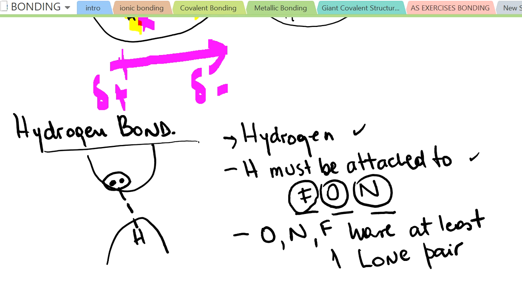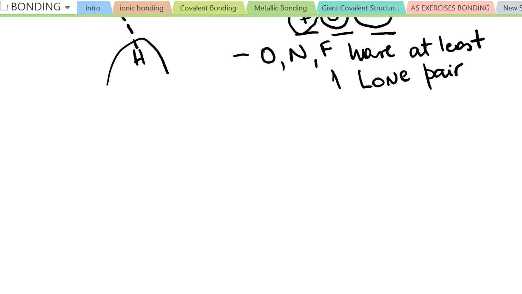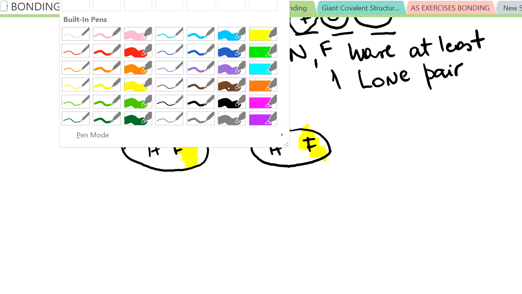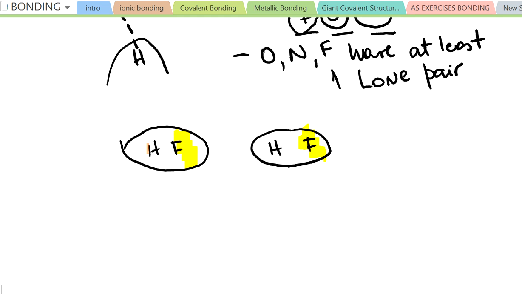Now, how do we represent that? Or how do we do it? Exactly the same as always. They say hydrogen fluoride and another one of hydrogen fluoride. This one is a dipole, so the negative zone of the fluorine is going to be attracted to, actually it's not the negative zone, but the electrons are going to be there.